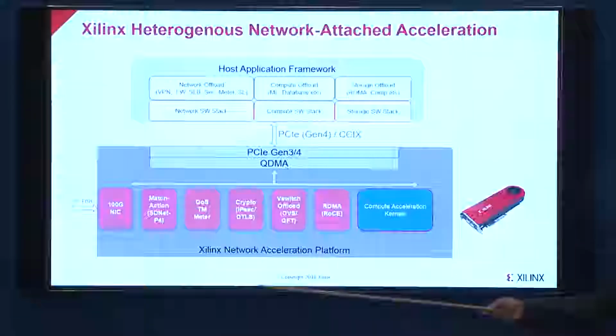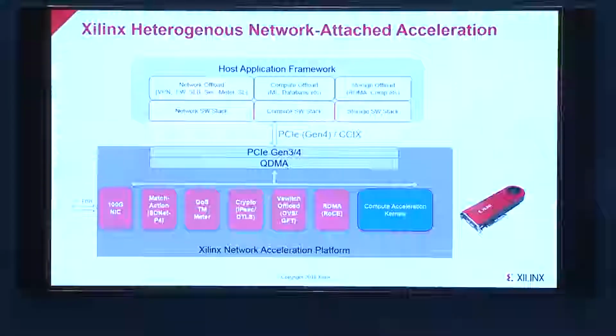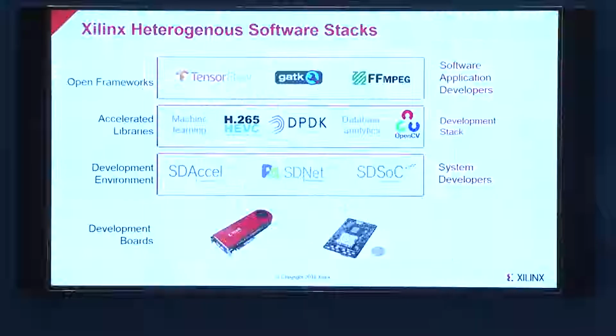Also, getting data directly from the network or directly from disk, NVMe or SSD devices, is very important to us. And the way we are setting up our heterogeneous platform is to not just address PCI-attached compute acceleration, but also network-attached compute acceleration.